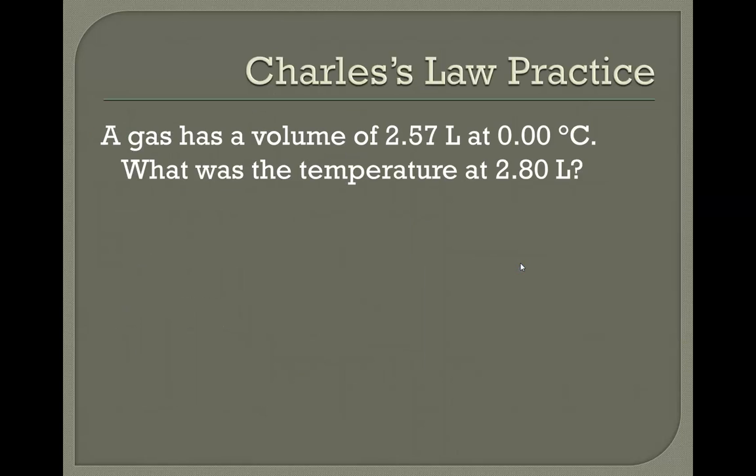So let's take a look at an example problem. Those are the units I need. 2.57 liters at 0.00 degrees Celsius. I know I need to have this in Kelvin, so I'm going to go ahead and add 273 right now, so I don't have to do it later.